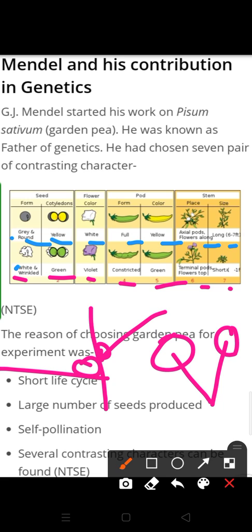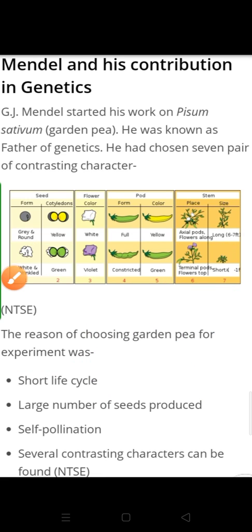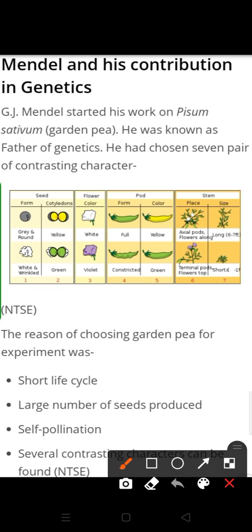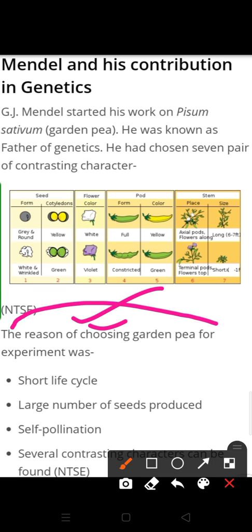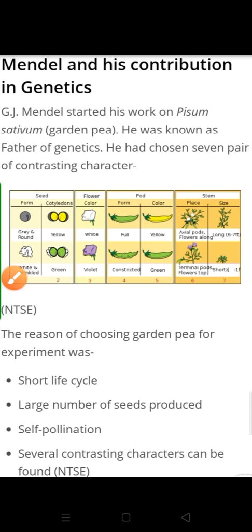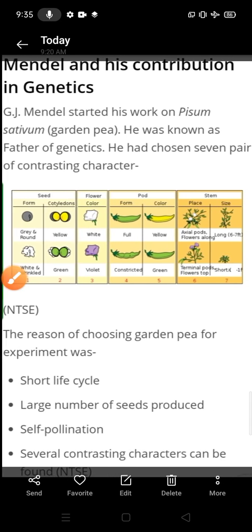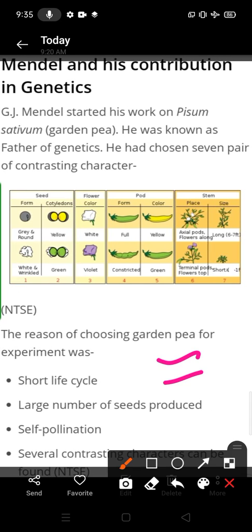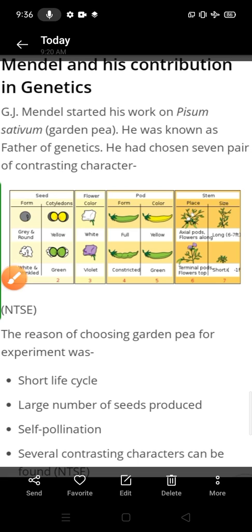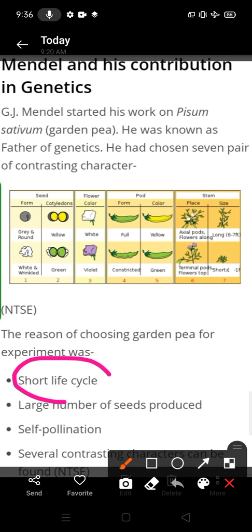So why did he choose the garden pea for the experiment? This question has been asked many times in CBSE board exams: why did Mendel take only the pea plant? So why is it so? Because, first, this plant has a short life cycle. You all know that the crop is ready in a short duration of time.